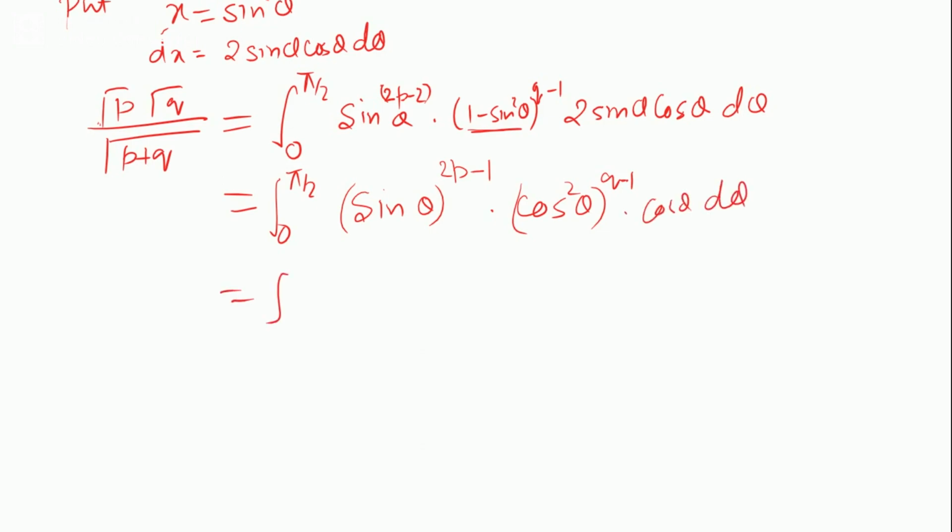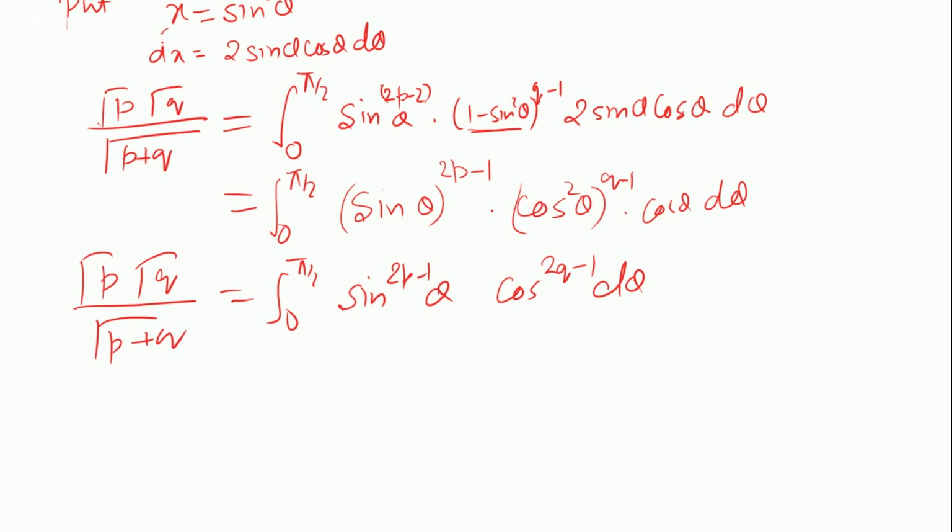So we can write the integral from 0 to pi by 2 of sine 2p minus 1 theta, and that becomes cos 2q minus 1 theta d theta.